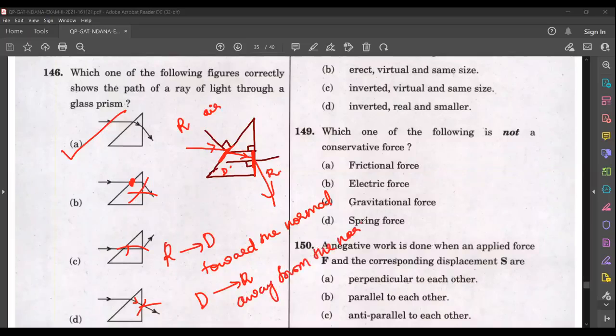Those two things you have to remember. So answer is option A. Correct figure is option A, because here bending is happening. Okay. So moving to the next question.